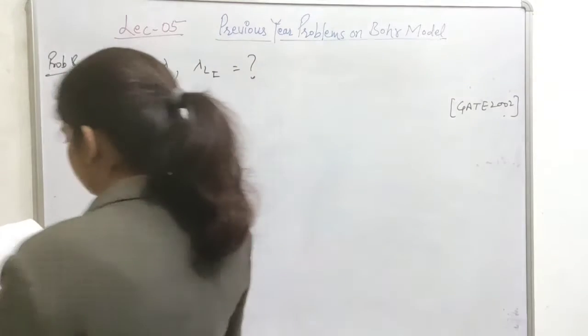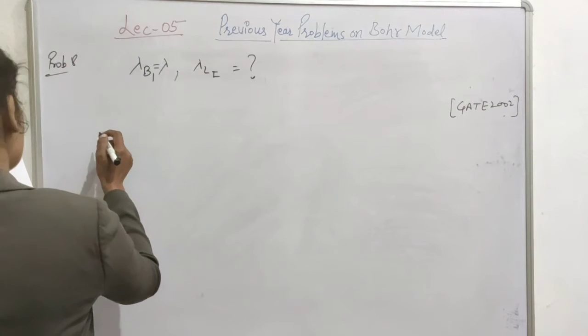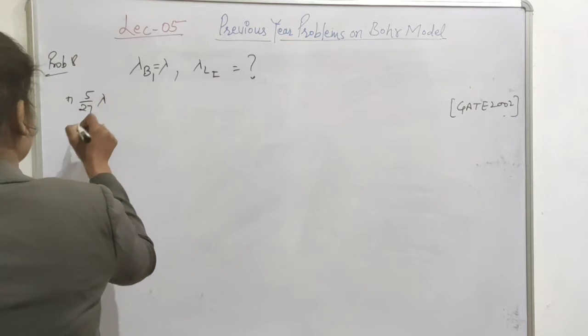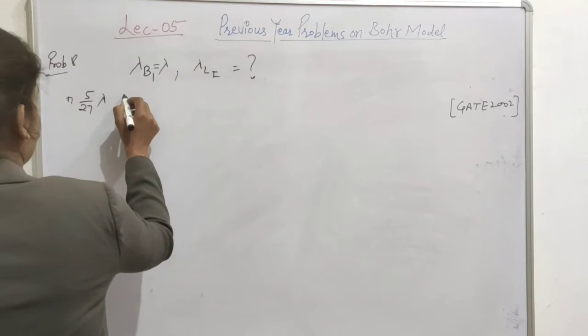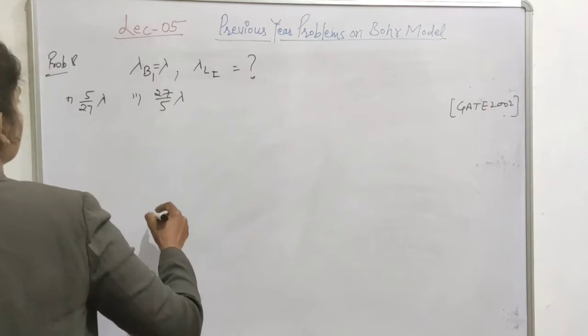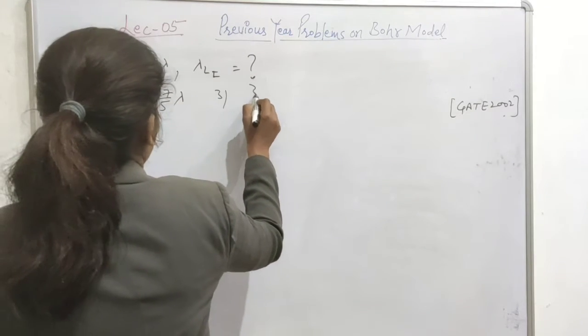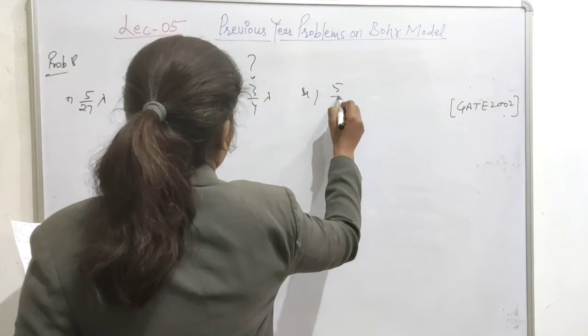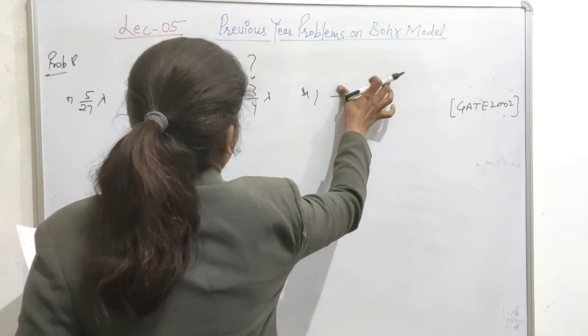What are the options? The first is 5 by 27 lambda. The second is 27 over 5 lambda. The third is 3 by 4 lambda. The fourth is 4 by 3 lambda.